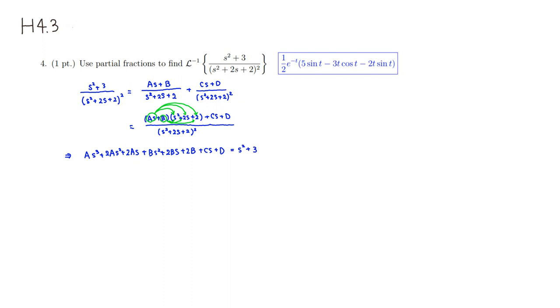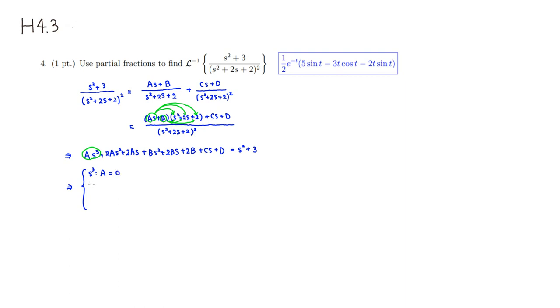So I'm going to collect the like terms and list the coefficients. For s cubed, the coefficient is a, and that's the only s cubed term. The right hand side has no s cubed, so it has to be 0.